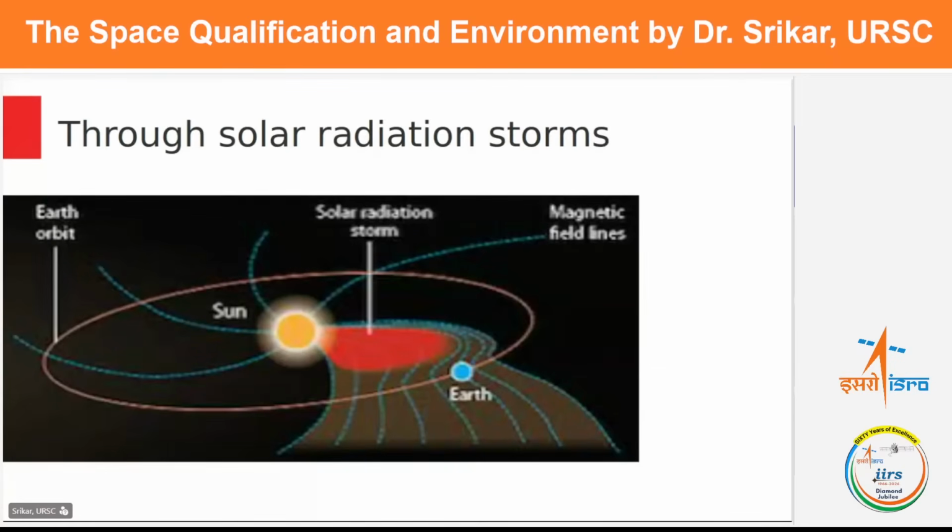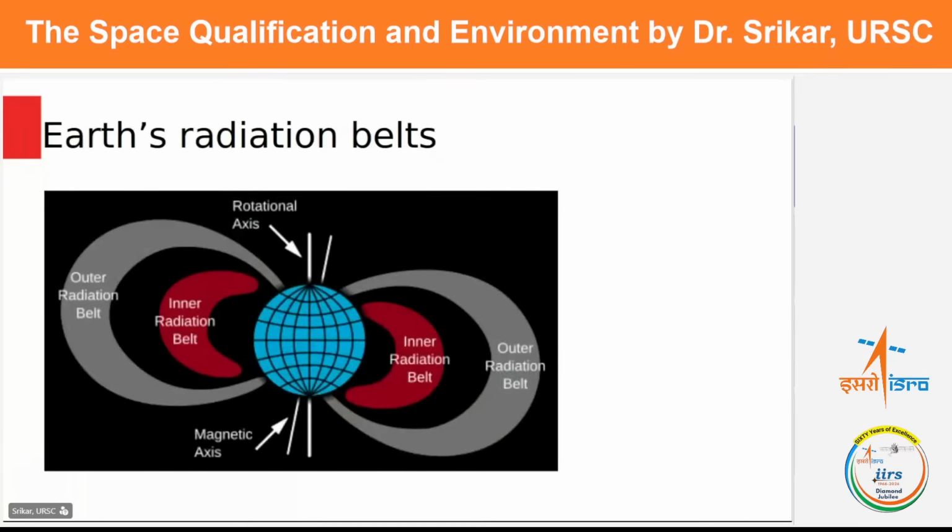When a spacecraft is placed in the Earth's orbit or outside it, it will go through these solar radiation storms, essentially triggered by solar events like solar flares and CMEs. So these are associated events, not direct events. In all these ways, we can see that these are transient phenomena where we can expect changes in the space environment.